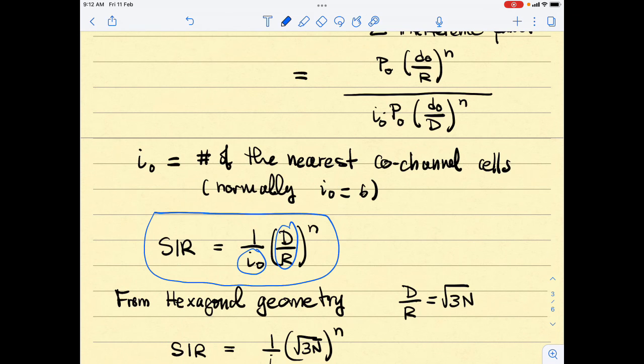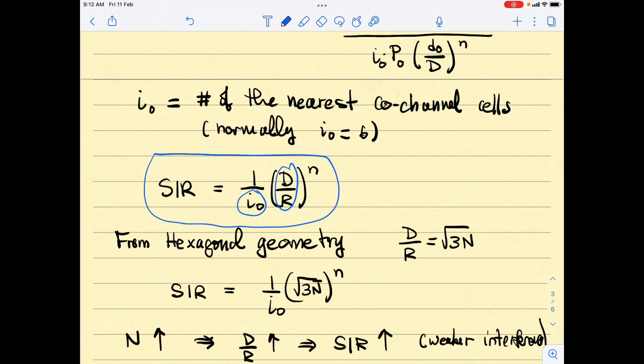Now, because of the geometry of the hexagon, it can be determined that D over R is equal to the square root of 3N, where N is the frequency reuse factor. So if N is big, the ratio between the distance of the co-channel cells and R is going to get much bigger too, and that makes sense. If the reuse factor is big, the cluster of cells will be big too, and the distance between two clusters will be big as well.